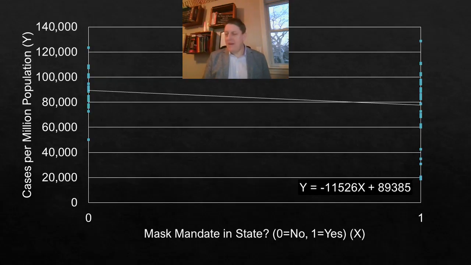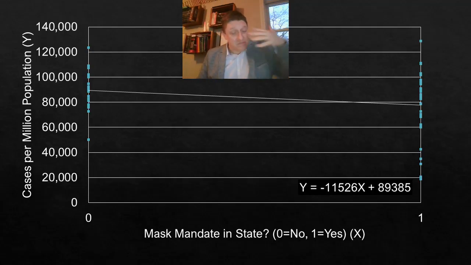You know, if something is overriding the number of people per square mile, right, population density, something else is lurking out there that is causing a whole lot more variation, and that might be something else besides a mask mandate.